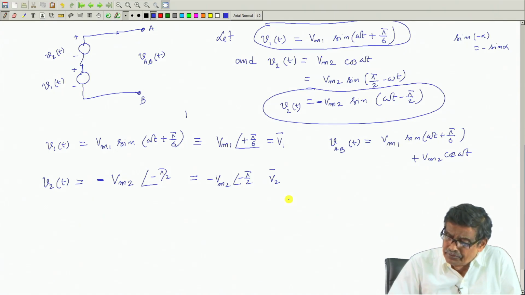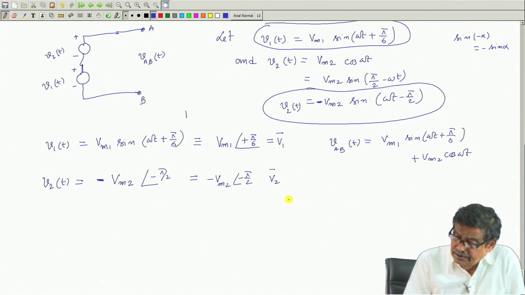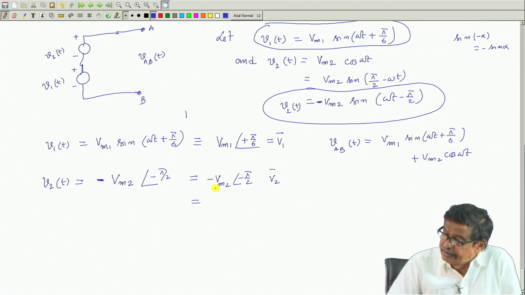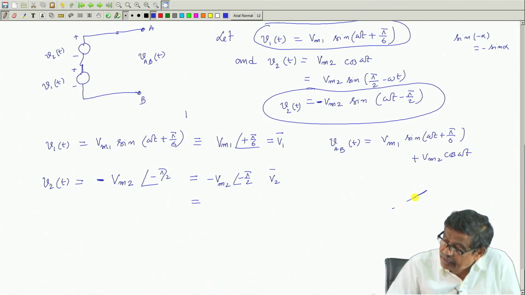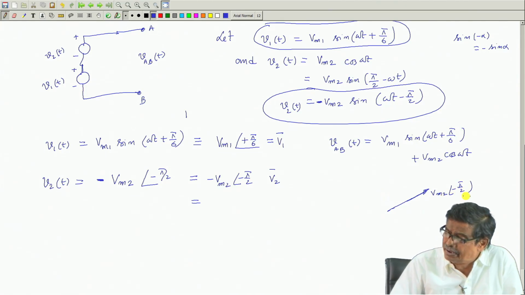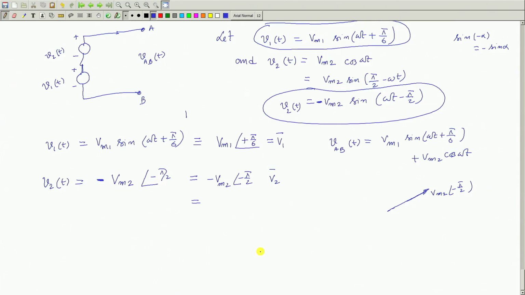You can leave it as it is, or, as I told you, any phasor can be shown by a line, say magnitude Vm2 at minus pi by 2, wherever it will be with respect to the reference. The negative of any phasor is a rotation of the phasor by an angle of pi by 2. Therefore, you could also write it that way.